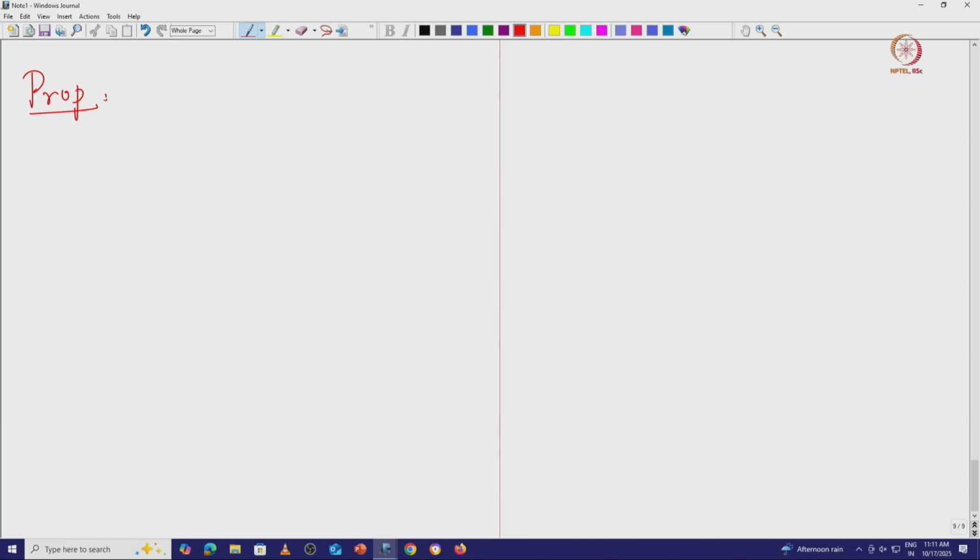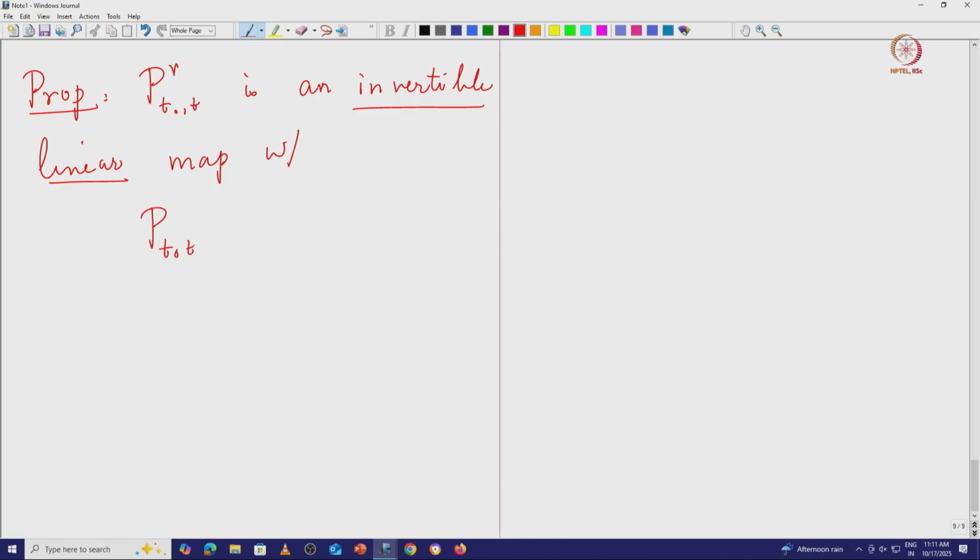So the first is really sort of fundamental, in that if you take the parallel transport map, then this is in fact an invertible linear map, with the inverse simply given by parallel translating from t to t naught.